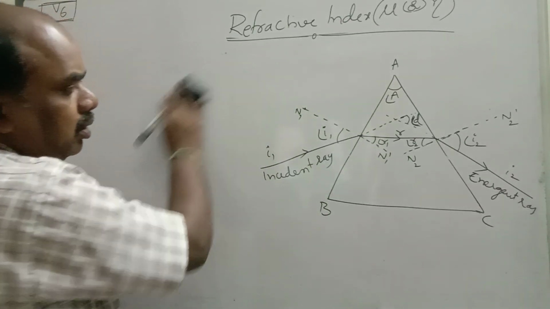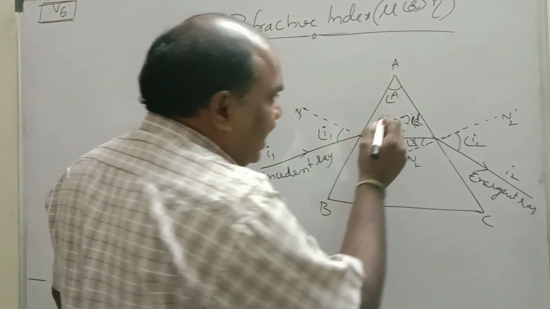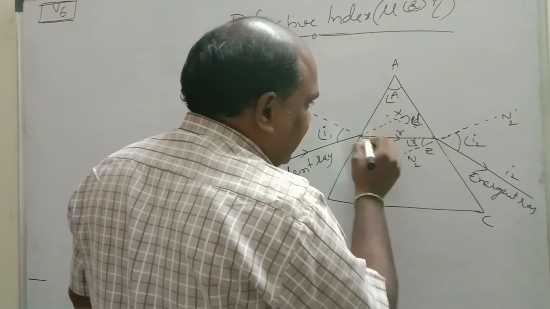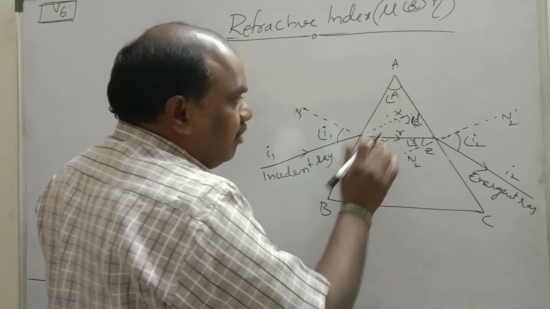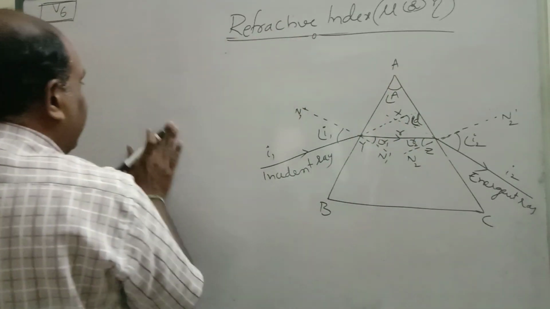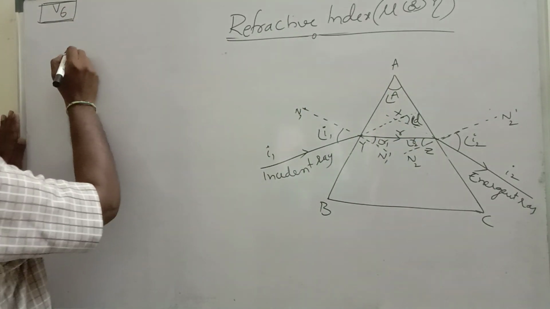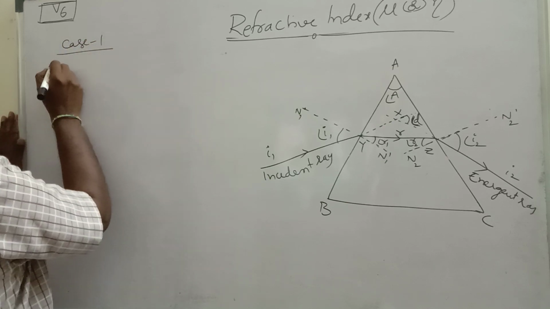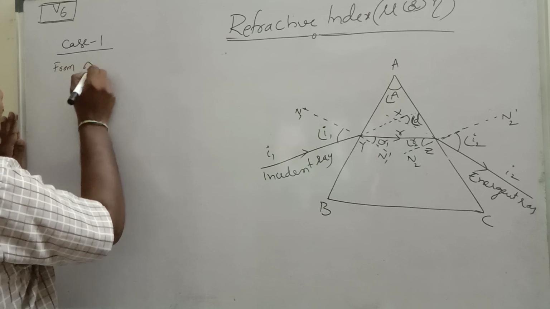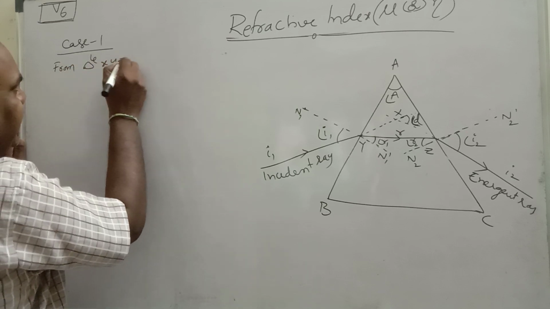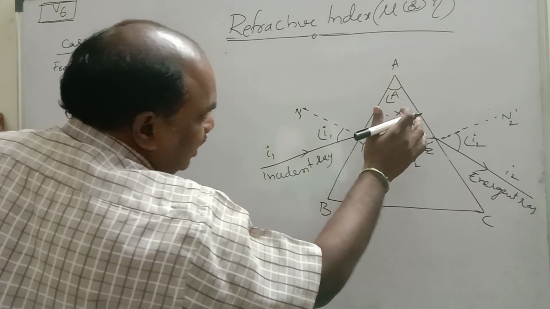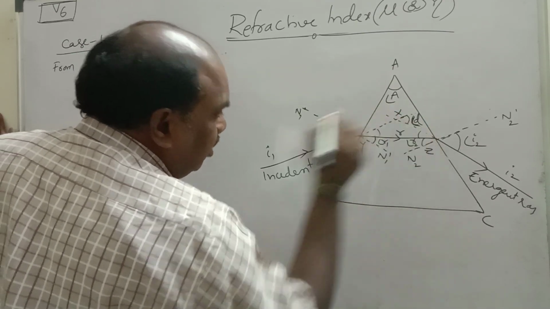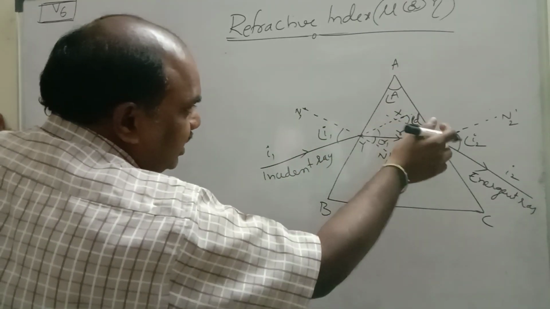Now here, let this triangle be X, Y, Z. This is one triangle, this is another triangle. First I am using the XYZ triangle, taking case 1. From triangle XYZ, what could we write? External angle is equal to the sum of the internal opposite angles. Angle D is equal to these two angles.